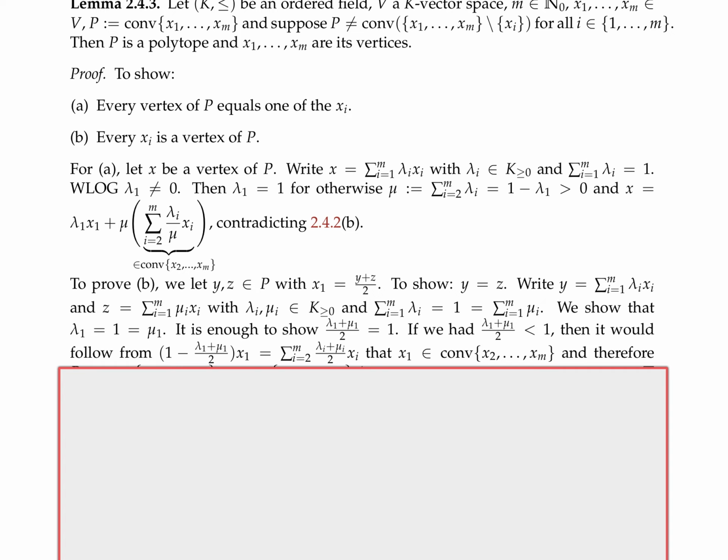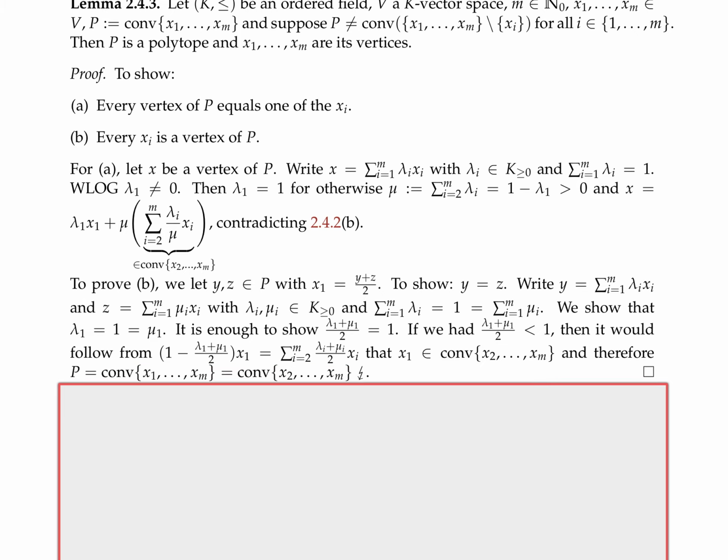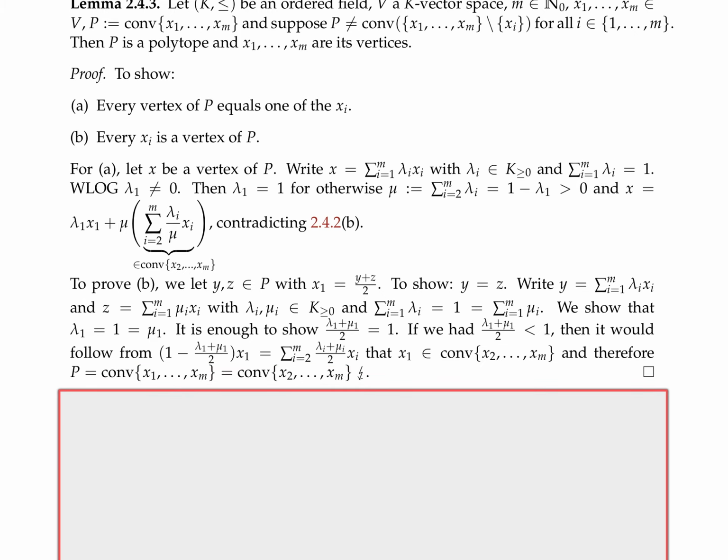But then it would follow that x1 is in the convex hull of x2 to xm, which by hypothesis was not the case, since that would imply that these two convex hulls are the same.